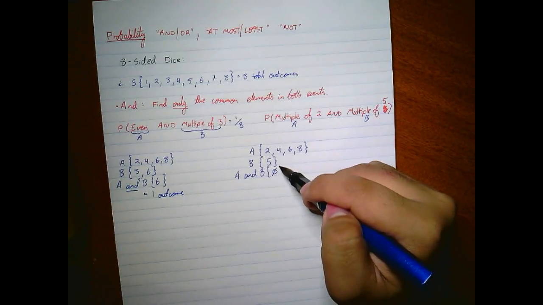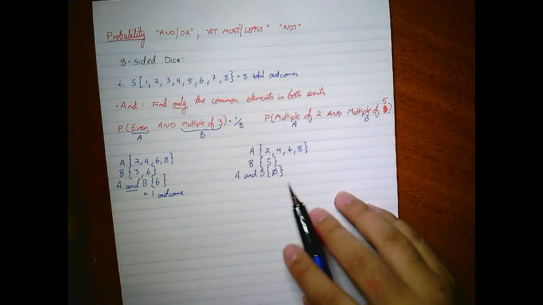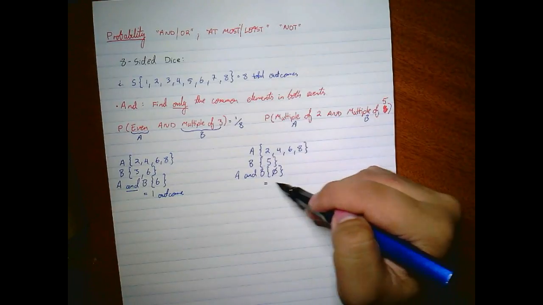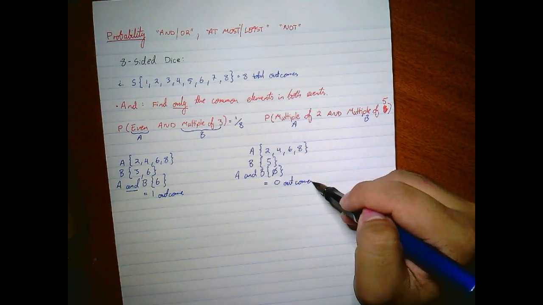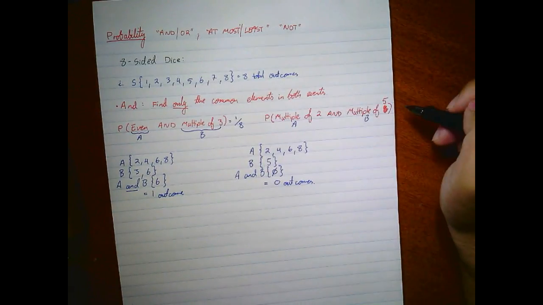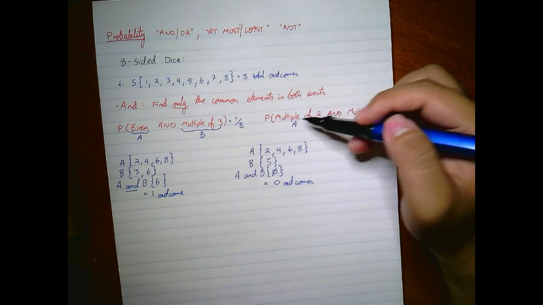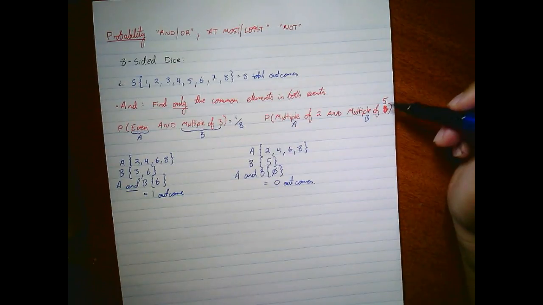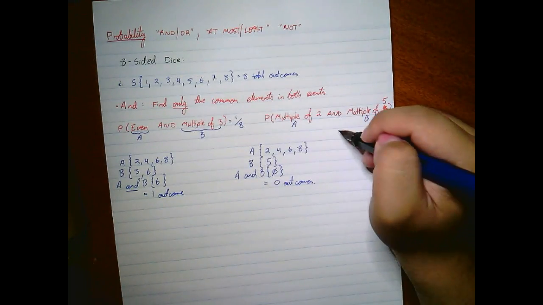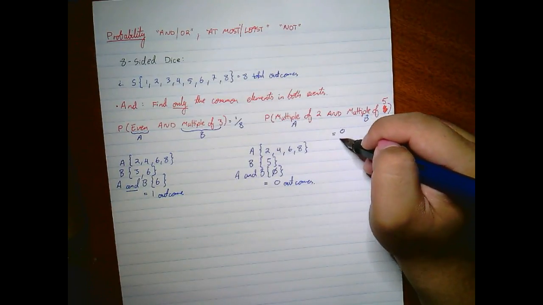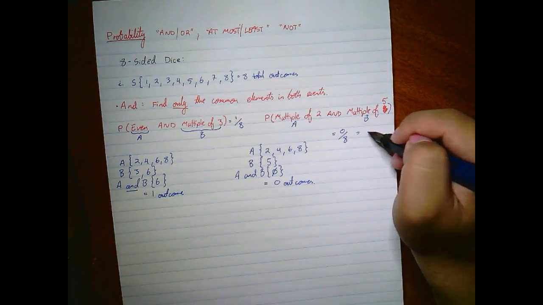It's an empty group. So this is 0 outcomes. Well, so then the probability of getting a multiple of 2 and a multiple of 5 is actually 0 out of 8, which is just 0.